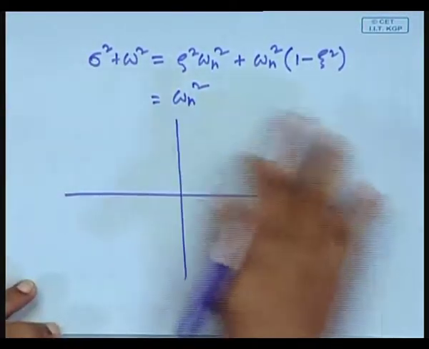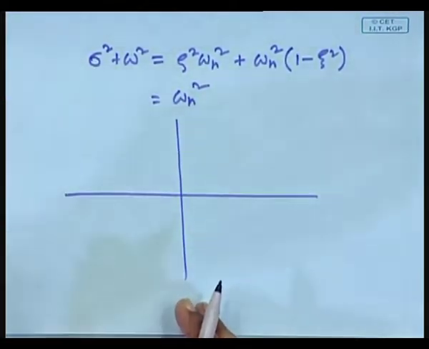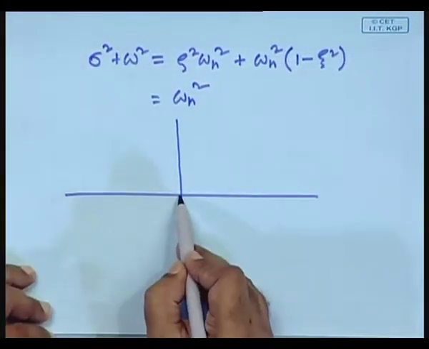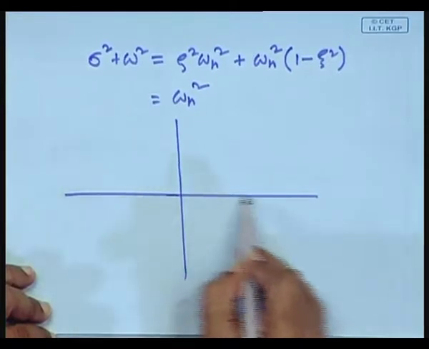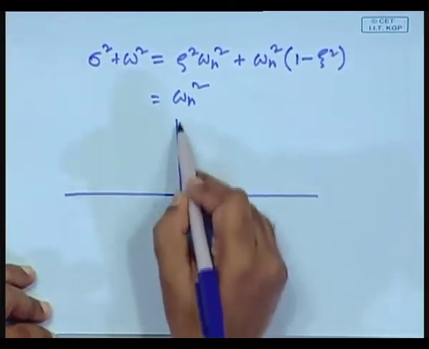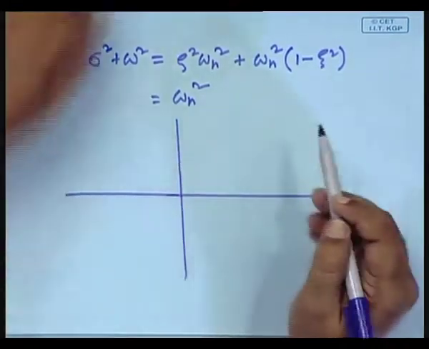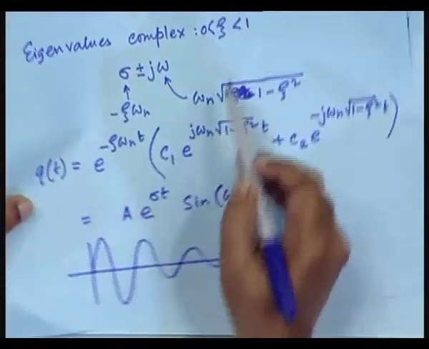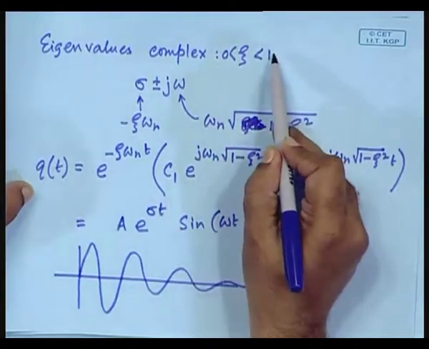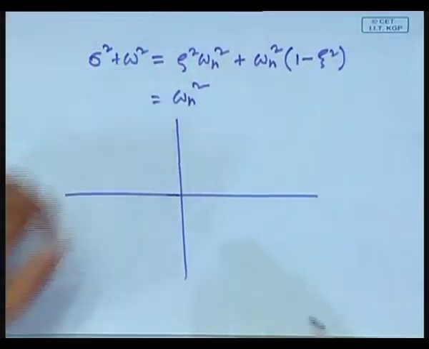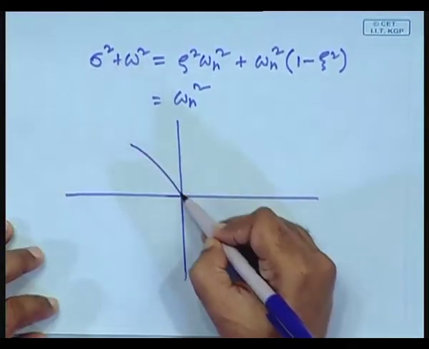So, if this is the complex plane and you are trying to plot this, the real part will be plotted along this and the imaginary part will be plotted along that. Then if zeta satisfies this condition, the eigenvalues would be complex conjugate, say like this.